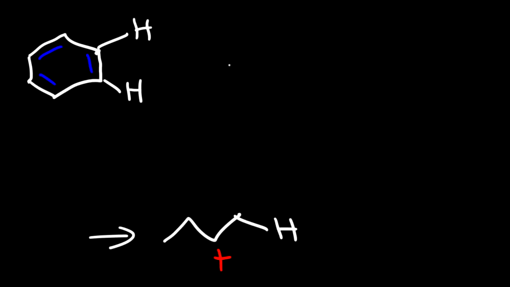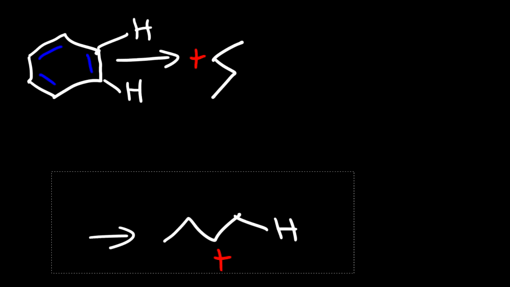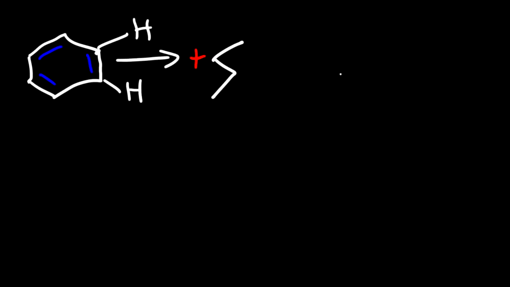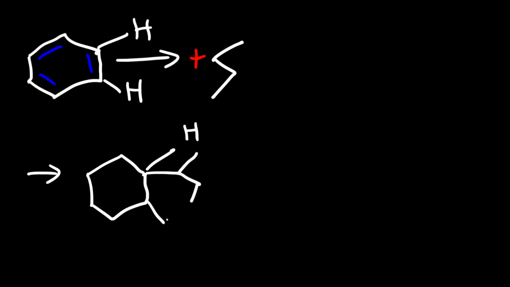So the first thing that's going to happen, let me redraw this. The benzene ring is going to attack the carbocation. So I'm going to add the alkyl group to this carbon, and the plus charge will be on this carbon now.